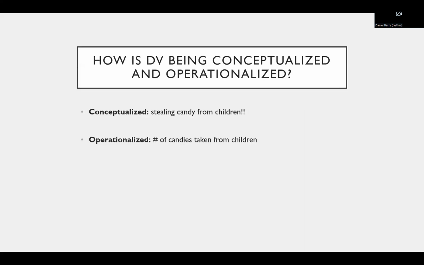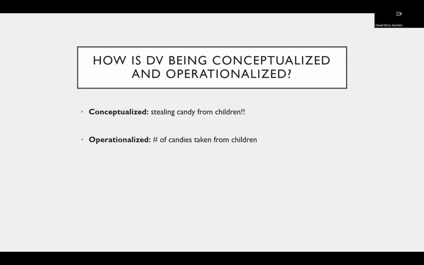So here, unethical behavior was conceptualized as quite literally stealing candy from children. And they put the same number of candies in the jar each time so that when they were left over with the jar afterward, they would know exactly how much the person took.